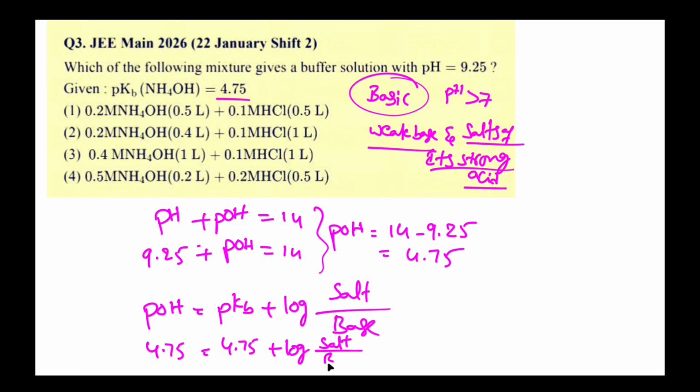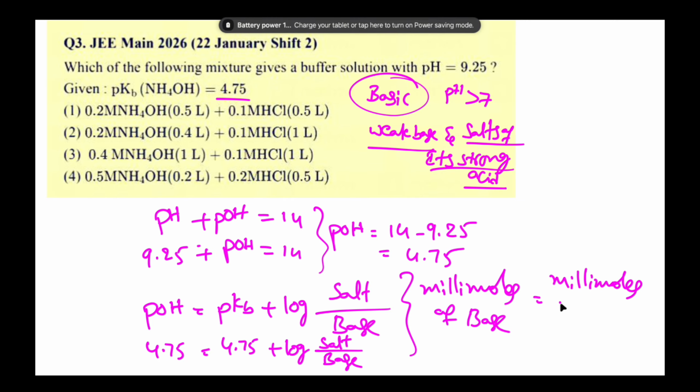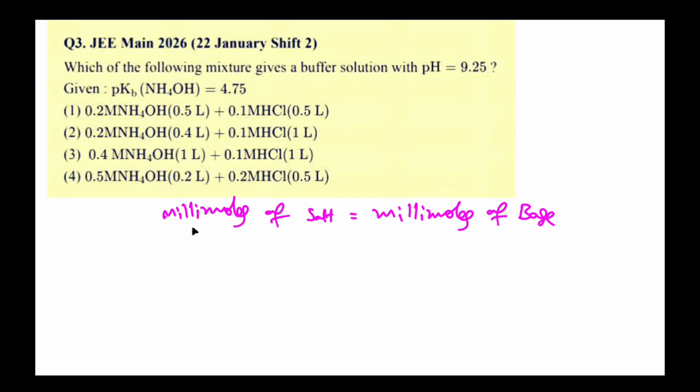So we know very well that in the preparation of a basic buffer solution, millimoles of base is equal to millimoles of salt. So how to find these millimoles? Millimoles is equal to molarity into volume of the solution in milliliters.